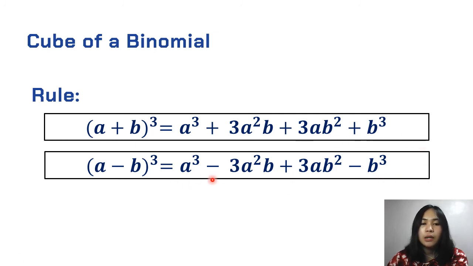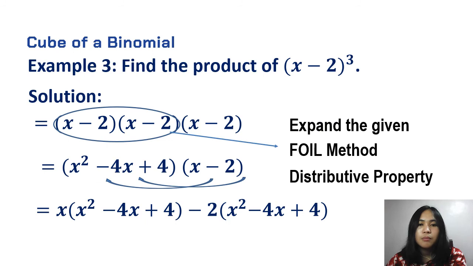What is the difference? In the second term the sign is negative, and in our last term the sign is negative. So, if we are given a plus b cubed, the signs are always positive. But if we are given a minus b cubed, always remember the signs alternate between the second term and the last term.